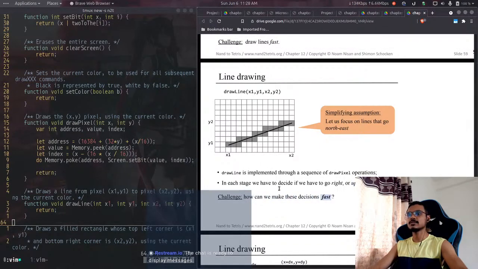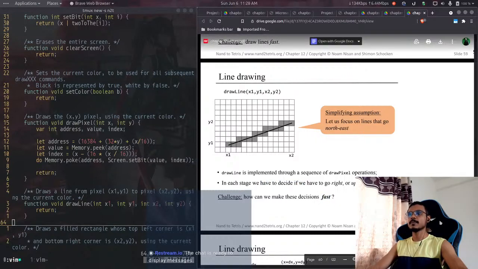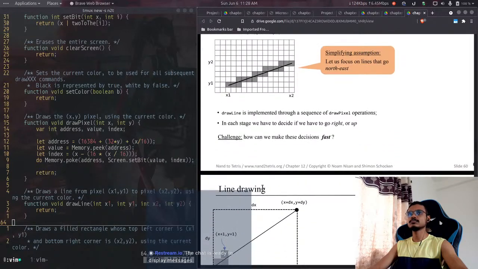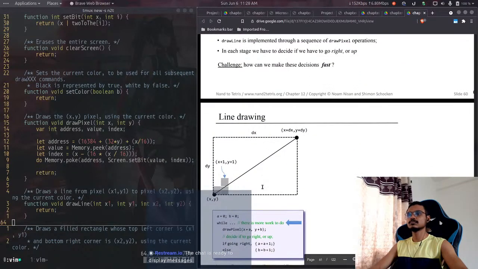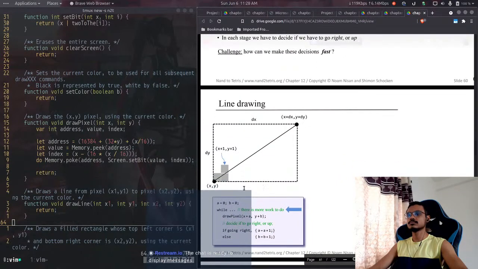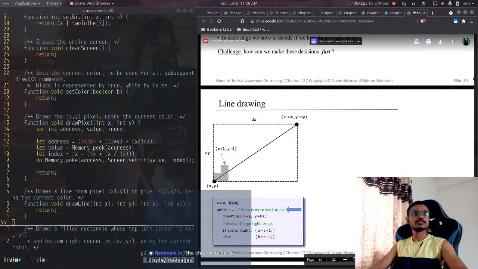How can we make these decisions fast? If we have to go right or up. There is more work to do. Draw pixel x plus a, y plus b. X and y is the starting point, right? And a is 0, b is 0. So initially we'll draw the first pixel at x and y.